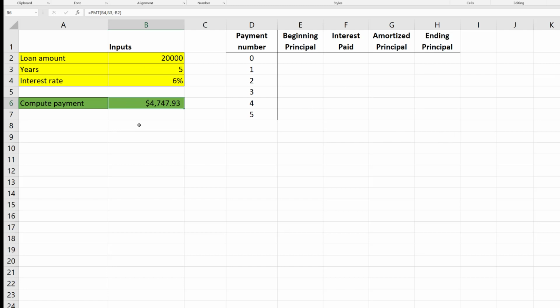All right, so the payoff stream for this loan is going to have 5 payments of $4747.93 occurring at each of the next 5 years. What the amortization schedule does is that it lists each of these payments and describes how much principal was owed before the payment, how much interest and principal is paid as a part of the payment, and then how much principal is owed after the payment.